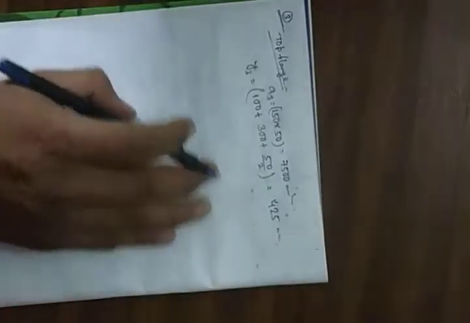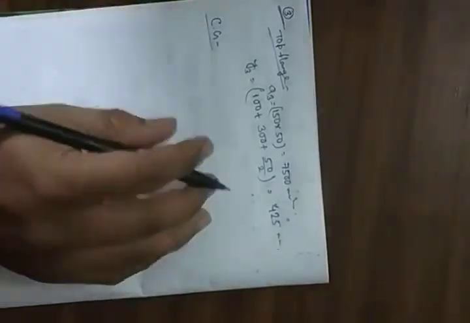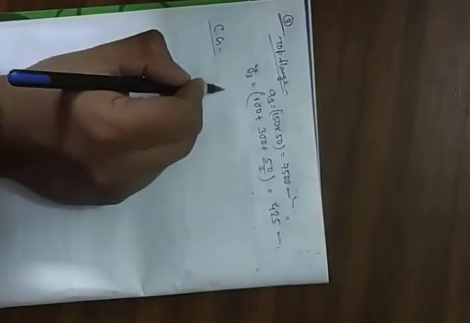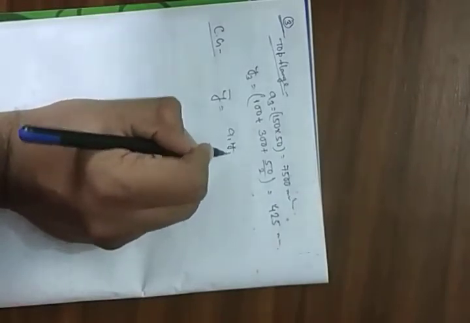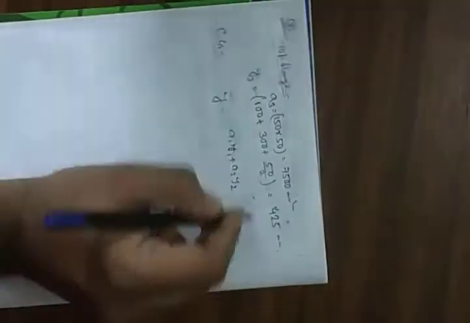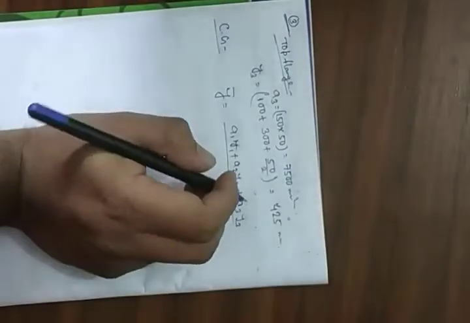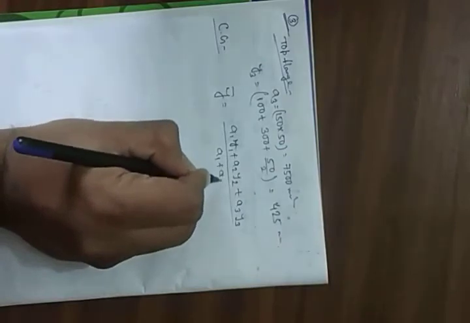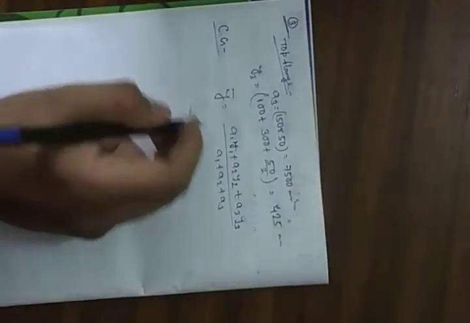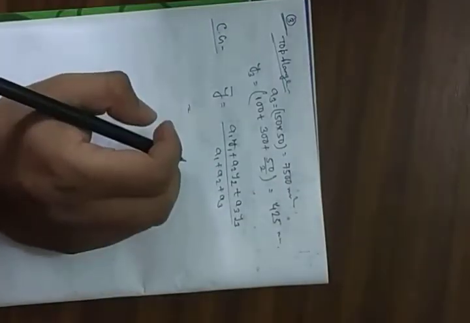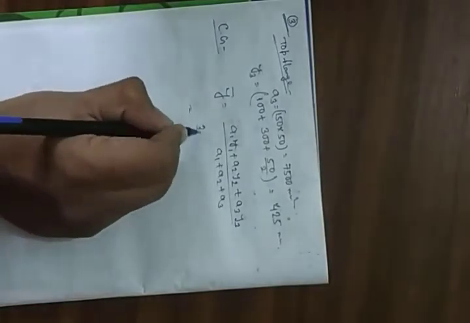Similarly, for the CG of this figure, from the bottom we can calculate Y bar equal to the similar formula: A1 Y1 plus A2 Y2 plus A3 Y3 divided by A1 plus A2 plus A3. So put in the values of A1 Y1, A2 Y2 and A3 Y3.